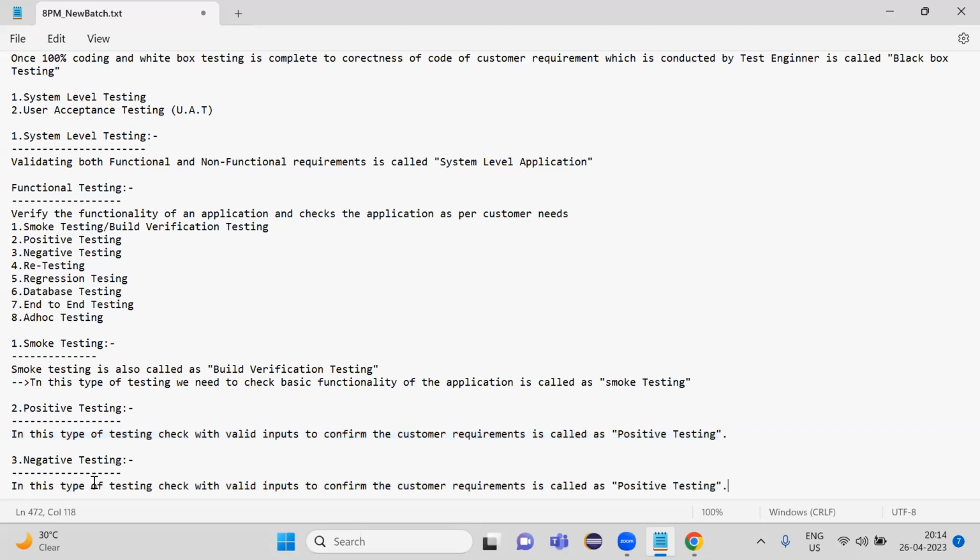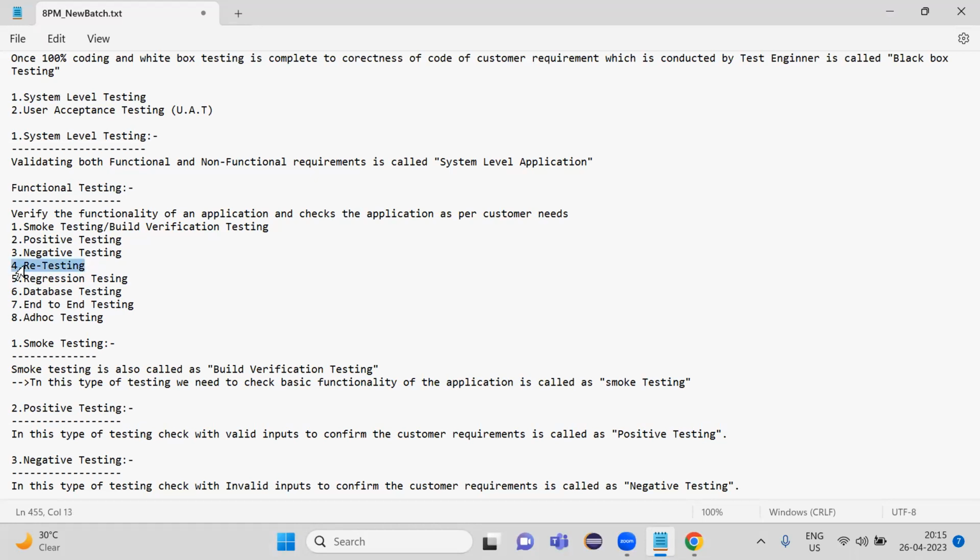Just copying and pasting, instead of valid input, here we have to check with invalid scenarios. What are the invalid scenarios for a bank account? Other than numbers, alphanumerics or alphabets, special characters, all those things come under invalid inputs.